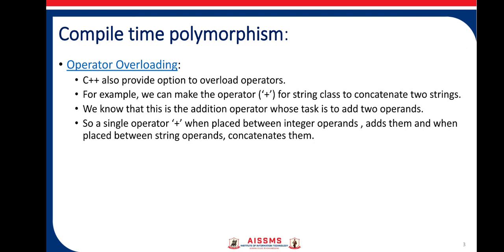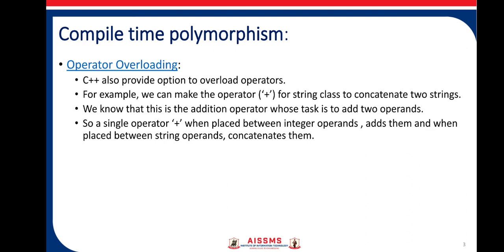We know that this is an addition operator whose task is to add two operands. So here you can see the plus operator can be used to add two operands. Maybe the operands can be integer, float, or this plus is also used to concatenate two strings. That means the same operator is performing two different tasks.